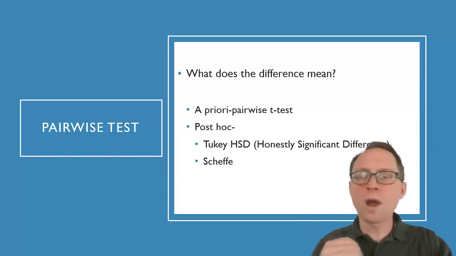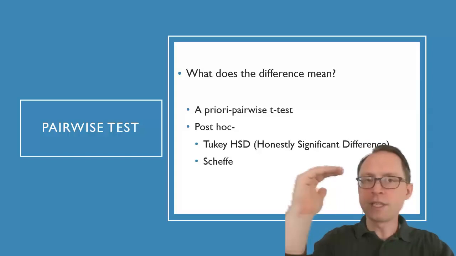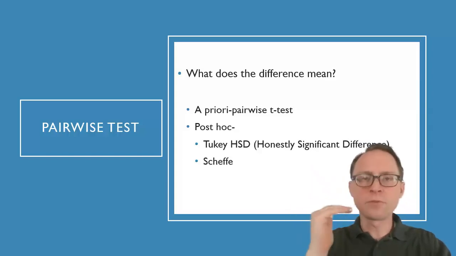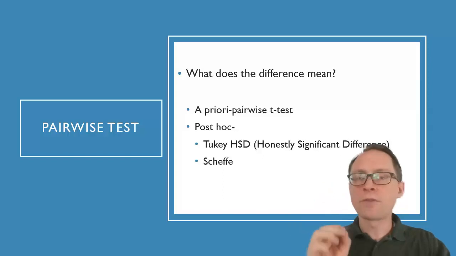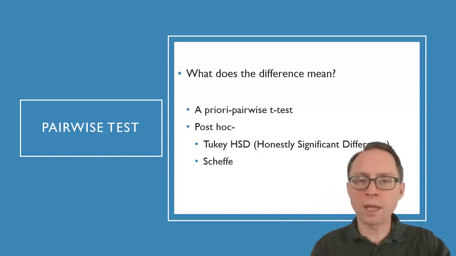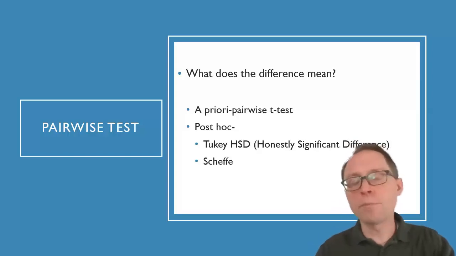These are called pairwise tests. If I want to figure out which ones are different, if it's Jay-Z that's different than Bieber, or Bieber that's different than Beyonce, or Beyonce that's different than Jay-Z, I've got to run what's called a pairwise test. The pairwise tests are split up into two groups, a priori and post hoc.